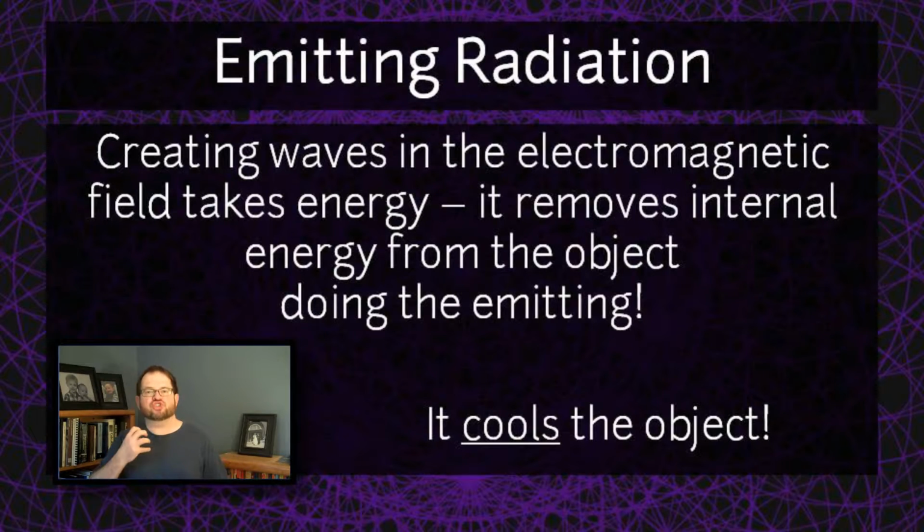In the same way, internal energy from inside the sun or inside your body is being used to produce those waves of electromagnetic radiation that you are emitting. Extracting internal energy is a way of saying cooling the object down. As you emit radiation, in your case infrared and microwave, other forms of long-wave radiation, that is extracting internal energy from your body and emitting it in the form of long-wave radiation out into the world around you.